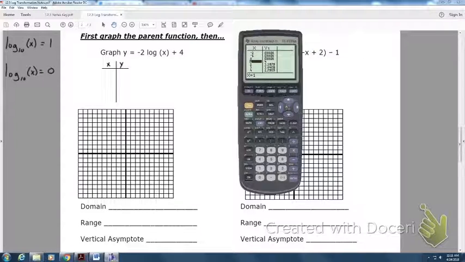Think about this: 10 to the power of 1 equals what? 10. So one of the x values I'm going to have right there is 10. 10 to the power of 0 is what? 1.